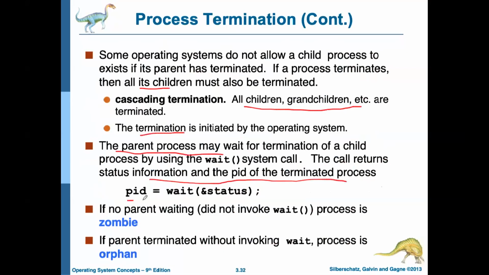If you see the code like this instruction, this is the explanation of what it actually does. If no parent is waiting, meaning it did not invoke wait, the process is a zombie.